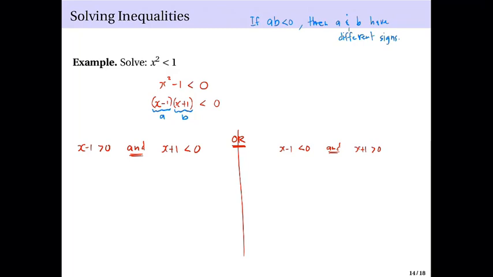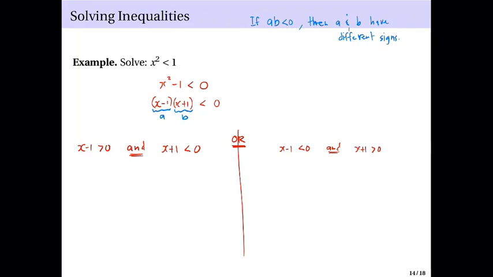So in this case, they still have different signs. This case here, they have different signs. This case here, they have different signs. So the possible solutions to this inequality could be this, that, or both of them. Okay?